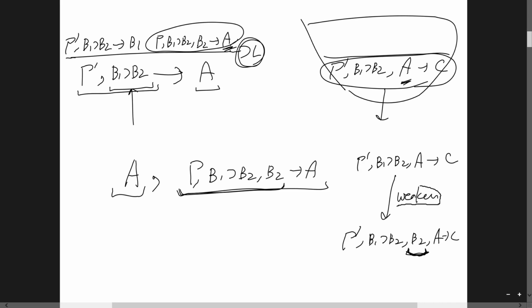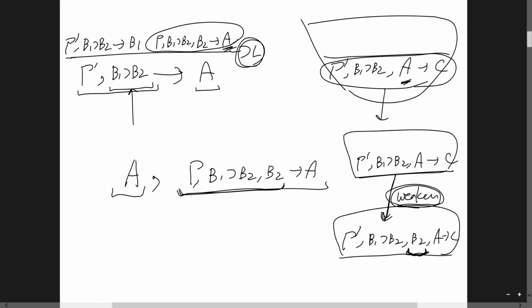And the key and important point here is, even though this sequence is different from this sequence, the proof structure is precisely the same.